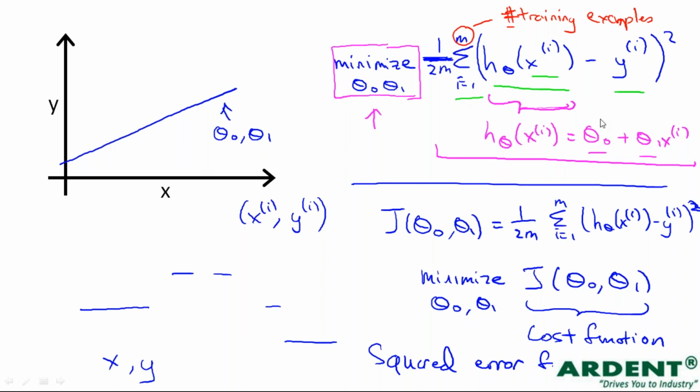This is the error, and it is stored inside J of theta 0, theta 1. We need to minimize this J of theta 0, theta 1, which is the cost function, or squared error. The more we minimize this, the better our prediction will be.